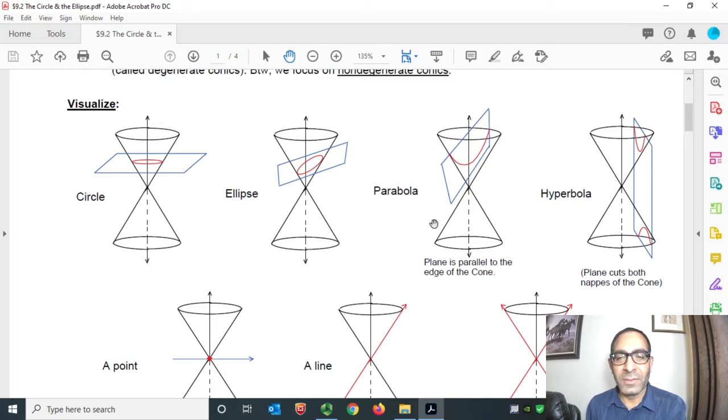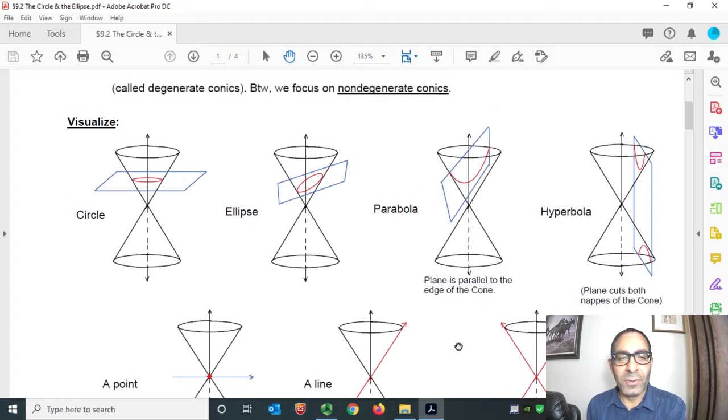In the third diagram, if the plane is parallel to the edge of the cone and it cuts the one nappe of the cone, then the cross section is a parabola. In the fourth diagram, if the plane cuts both nappes of the cone, then the cross sections are the hyperbolas.